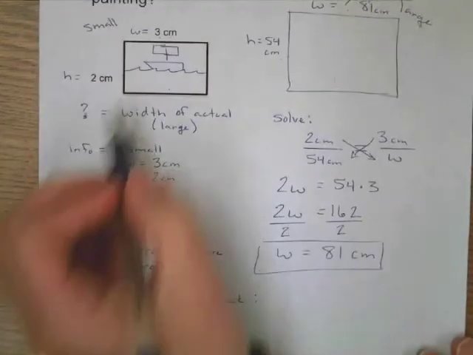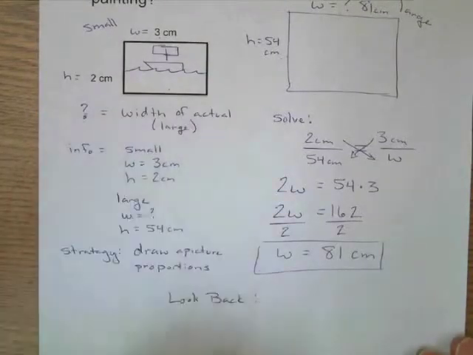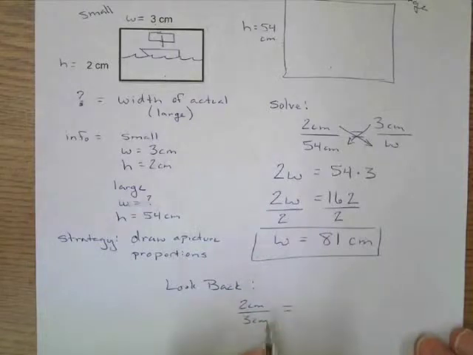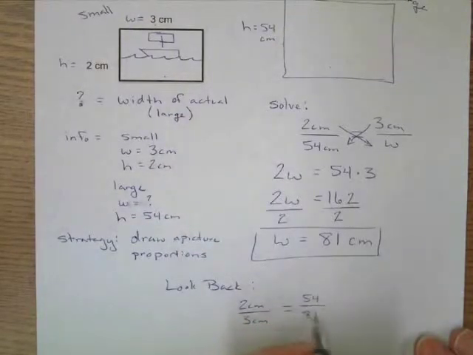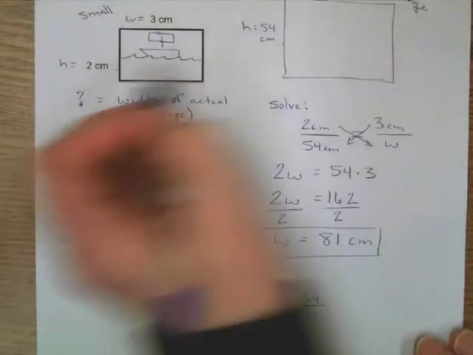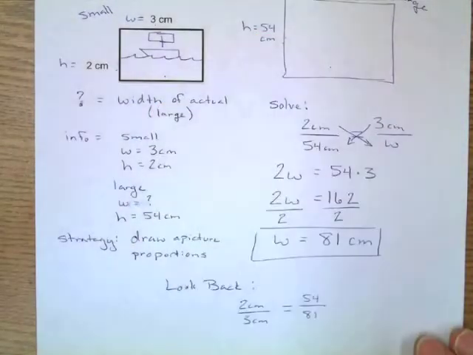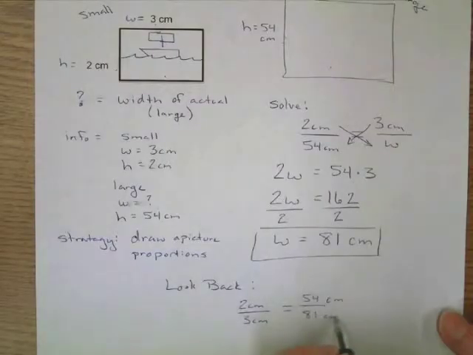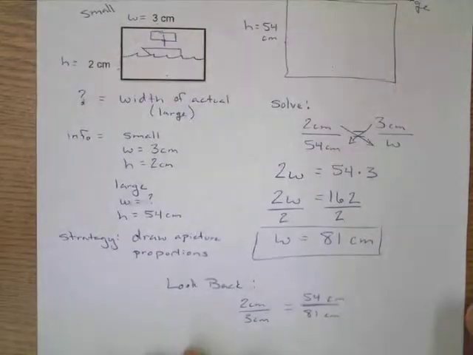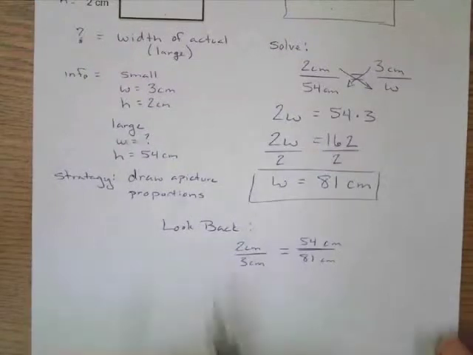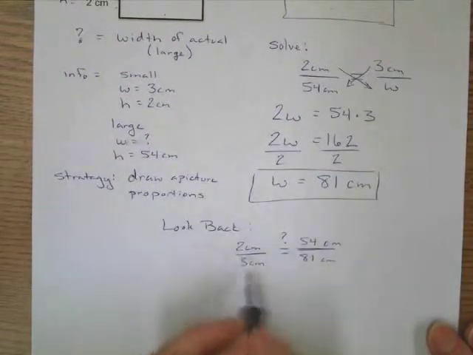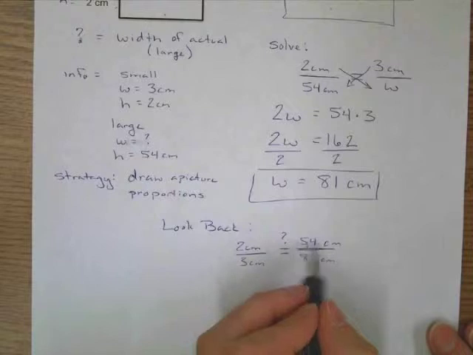So I can say that the ratio of the height to the width, 2 centimeters is to 3 centimeters, as 54 is to 81, because the ratio between these two sides should be the same as the ratio between those two sides. They should be equivalent if they're similar figures. So I want to just ask myself, is this true? Is 2 to 3 a similar ratio as 54 to 81?